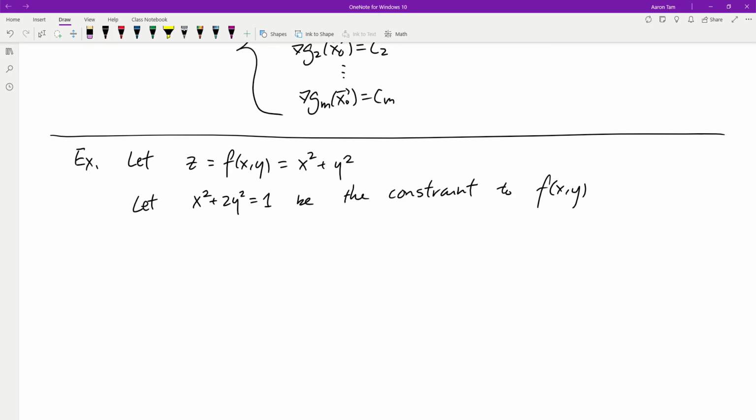Use the Lagrange multiplier method to find all the critical points of f with this constraint.